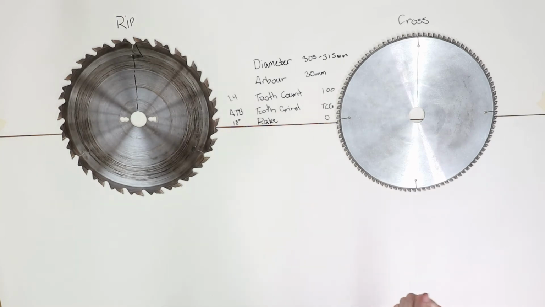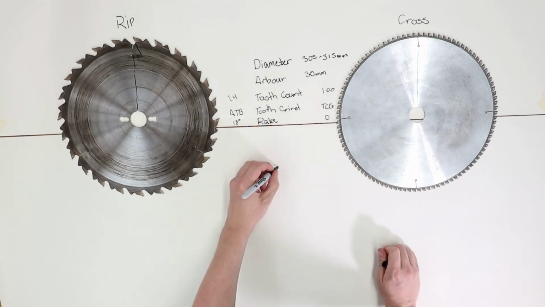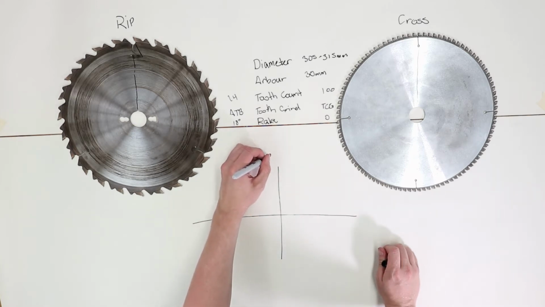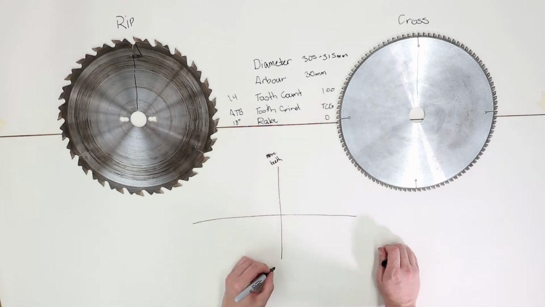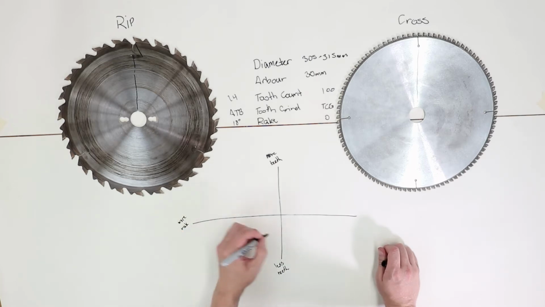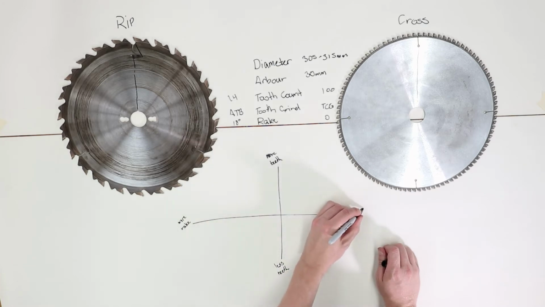All blades exist on a continuum. So if we draw a diagram, we have more rake, and less rake.